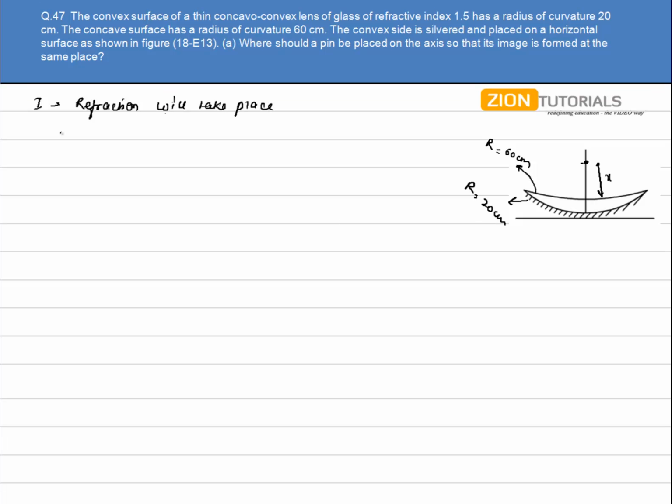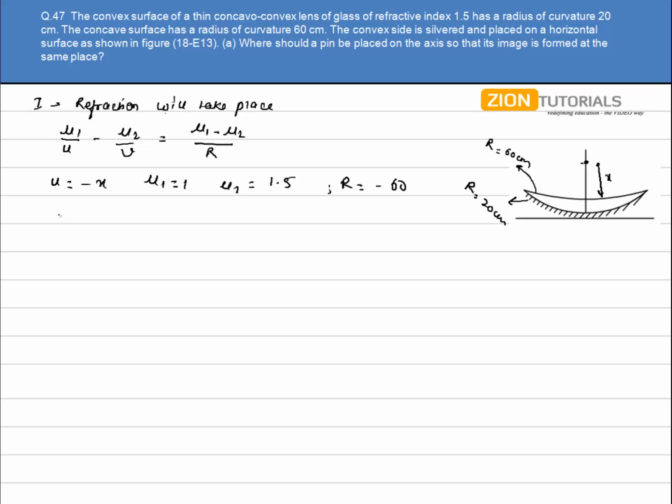So I'll use this formula, mu1 by u minus mu2 by v is equal to mu1 minus mu2 by r. So for this, the value of u will be minus x, mu1 is 1, mu2 is 1.5, and the value of r is, of course, minus 60.